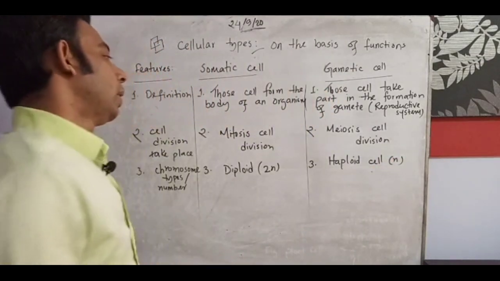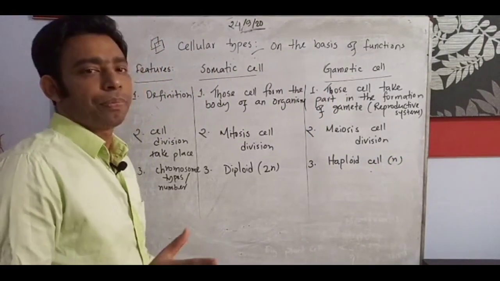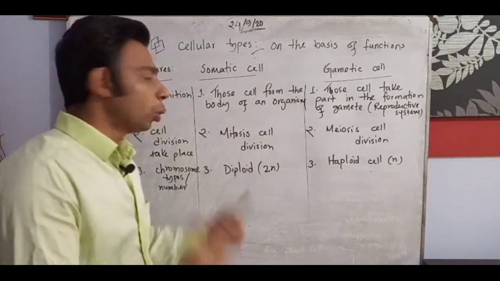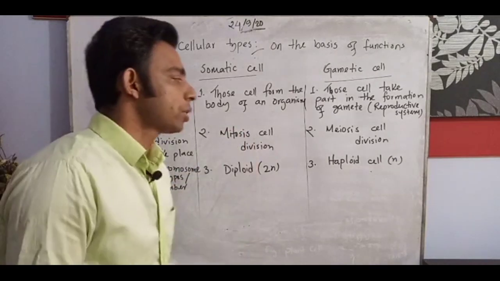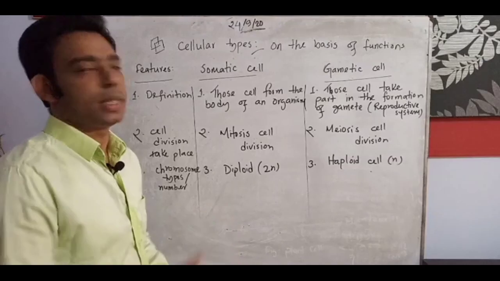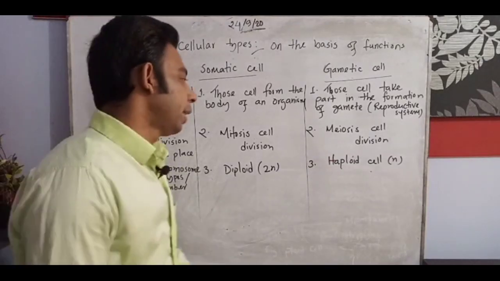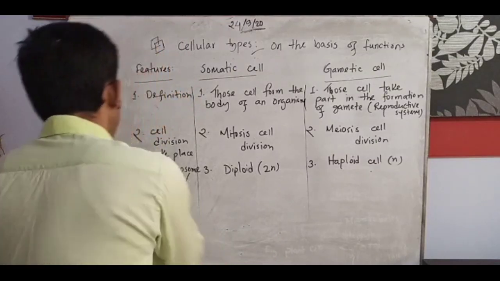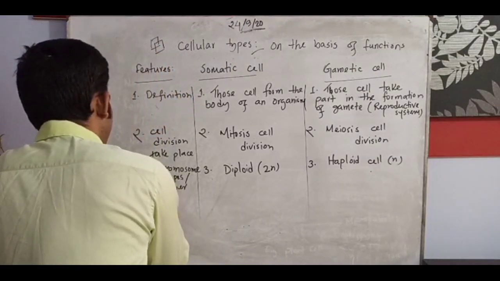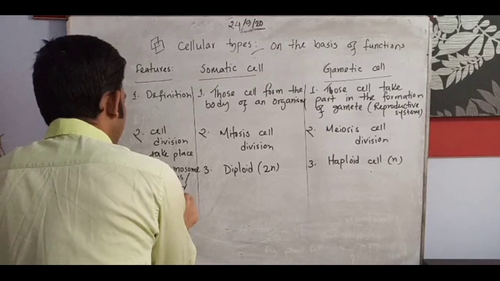Though the mother cell can be diploid in both cases, the daughter cell or offspring, the final formation of a cell division, is the haploid cell. And finally, since it is asked for 2 marks, we can write at least 4 points with the features and functions.